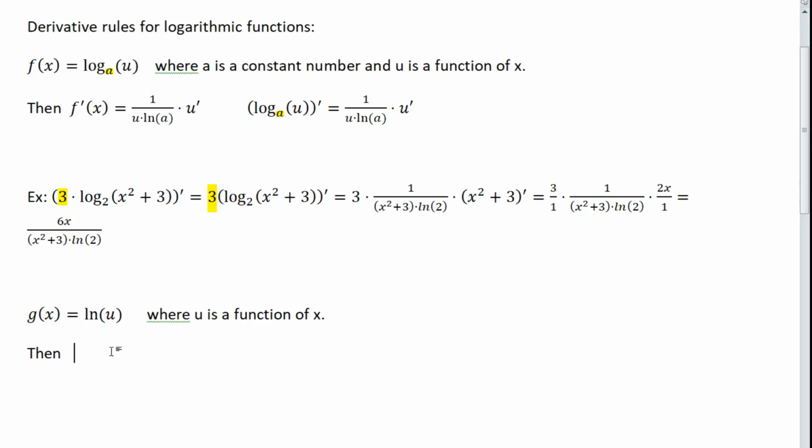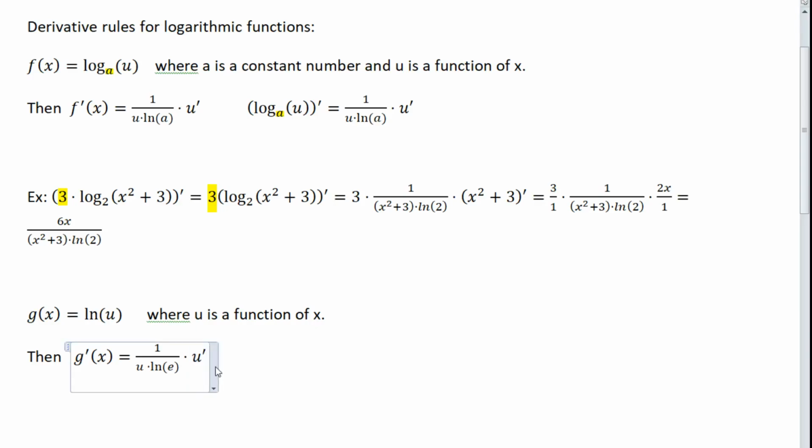So then g prime of x is equal to 1 over u multiplied by the ln of the base, but here the base is e because it's a natural logarithm, so it's ln of e multiplied by u prime.